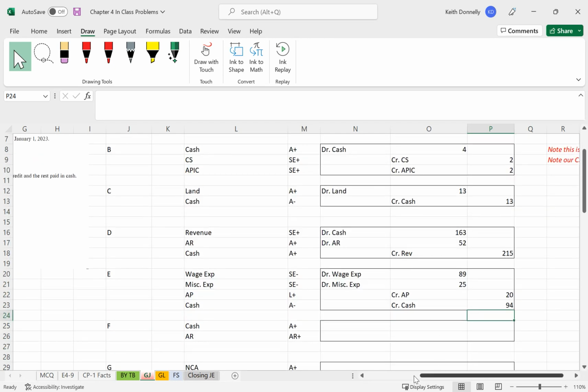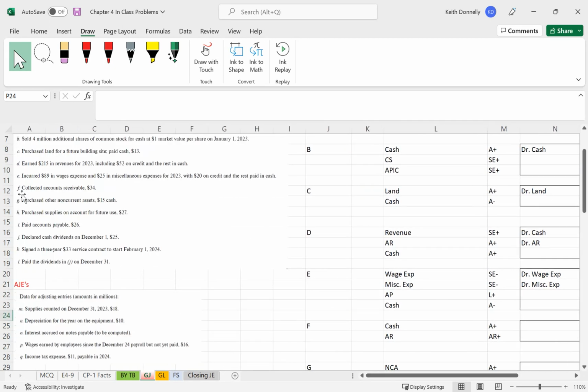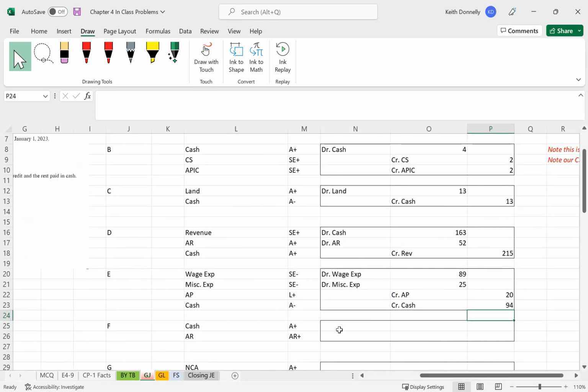Let's look at F. F says we collected accounts receivable of 34 bucks. So debit cash, credit account receivable, $34.